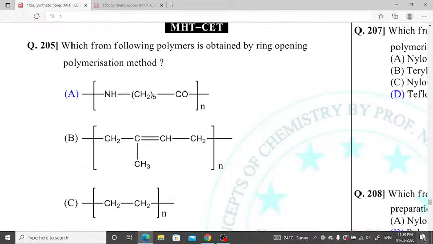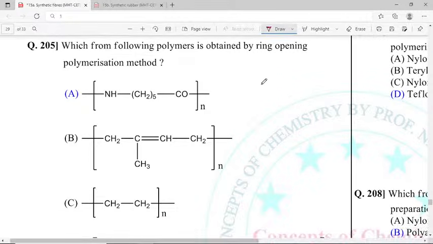Which from the following polymers is obtained by ring opening polymerization? Again, the same question. Ring opening is called nylon 6. Number 2 is butadiene, 1, 2, 3, 4, so it is butadiene.